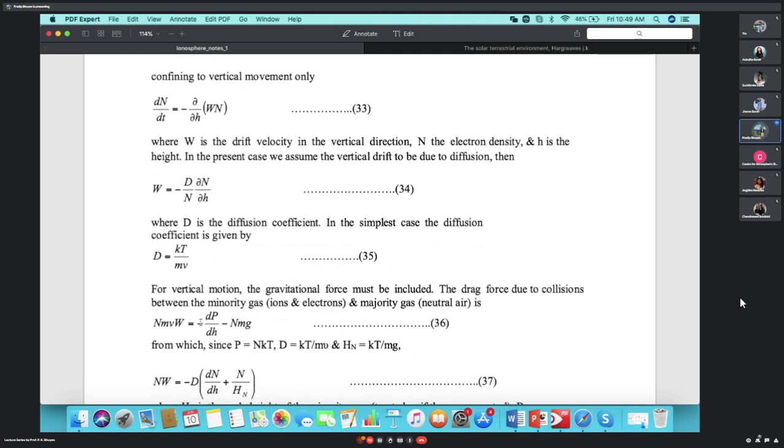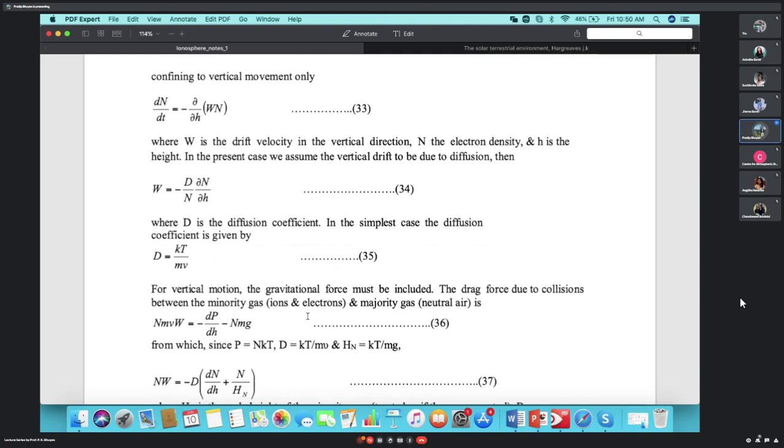Here we have written two terms, minority gas and majority gas. What is the minority gas? Ions and electrons. Majority gas, the neutral air. Why minority? Because as we have said, the plasma is a thinly ionized medium with respect to your neutral gas, H2, N2, O2.